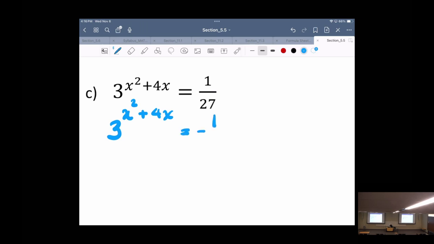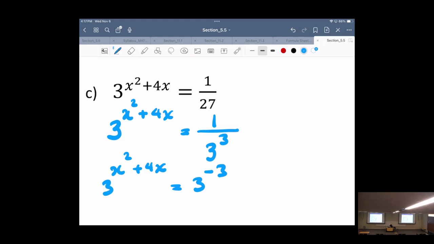So first thing, I will write 27 as 3 cubed, right? Then I know that I can rewrite this using properties of exponents as equal to 3 to the minus 3 power.